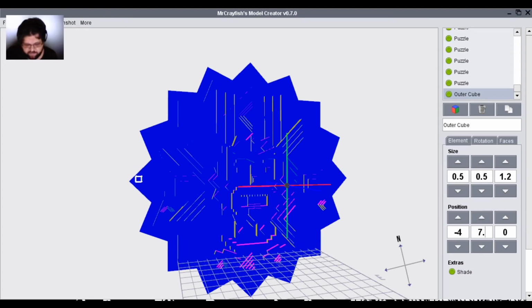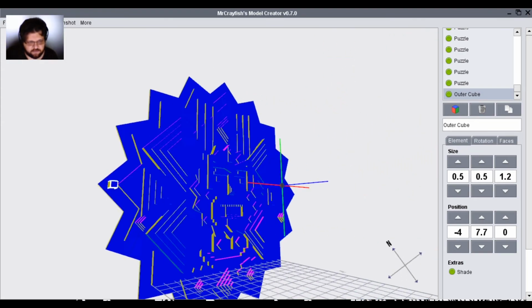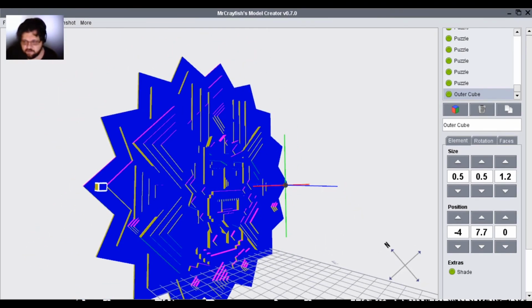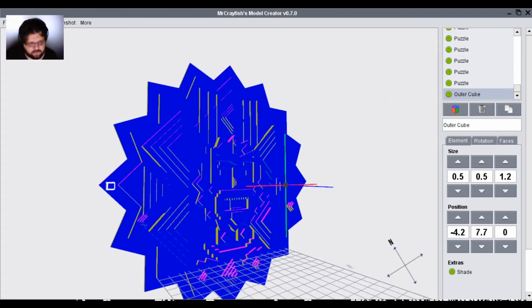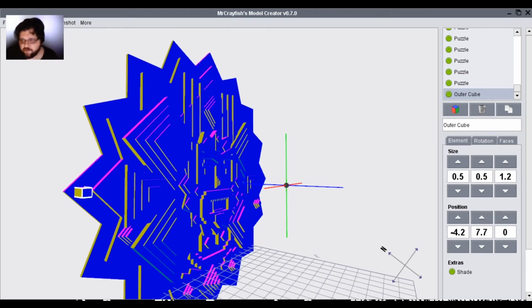Oh, 7.5? No, 7.7? Fine, let's try 3.9. 4.2. 4.2 I like, but it's slightly off. So let's bump this up to a nice 0.6 so that stray pixel is no longer off.